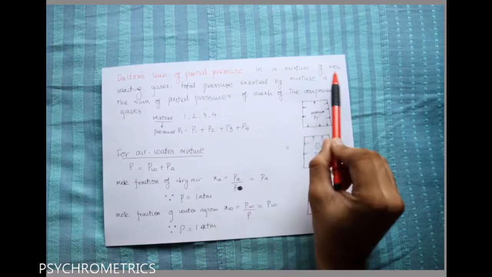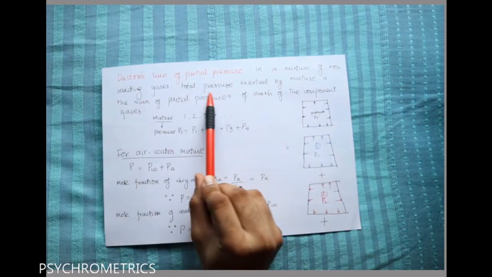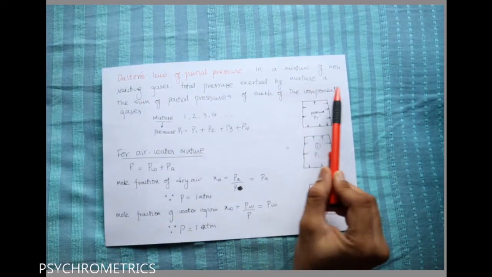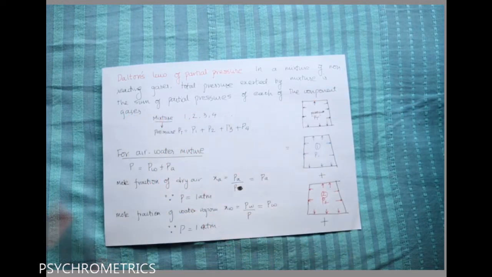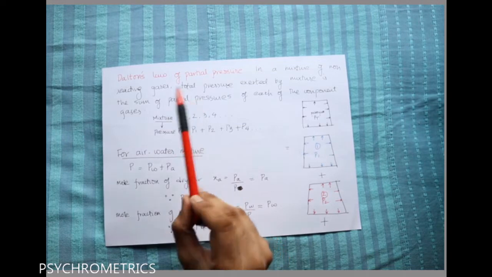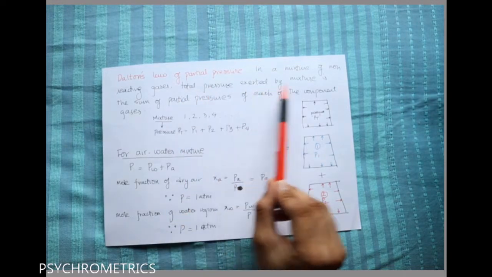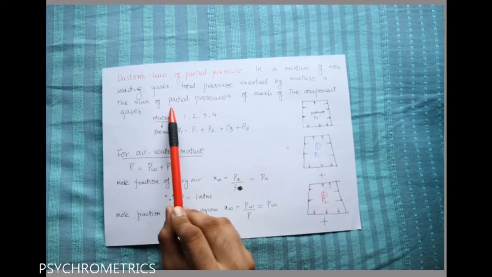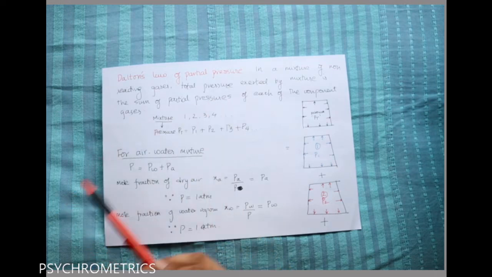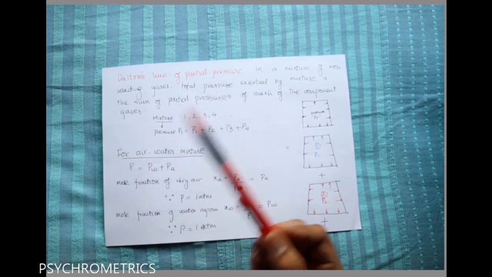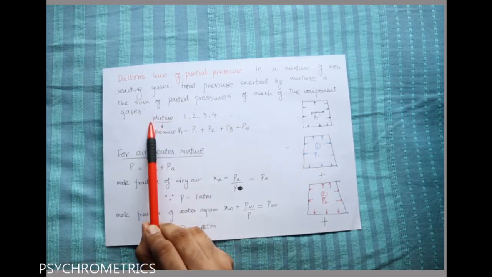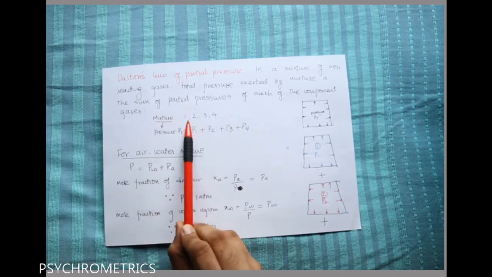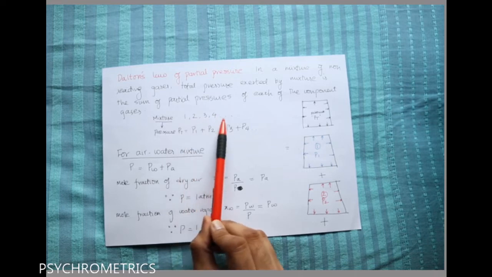So in a mixture of non-reacting gases, the total pressure exerted by the mixture is the sum of partial pressures of each of the component gases. Now, what do you imply by partial pressures? To understand this, let's just take an example. We have a mixture of component gases 1, 2, 3, 4 and so on.